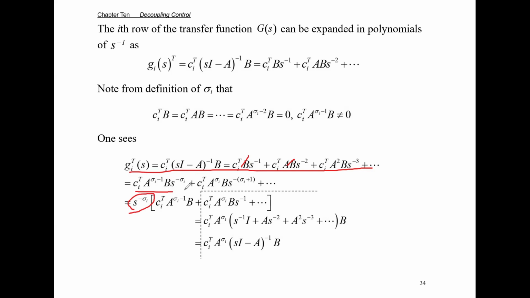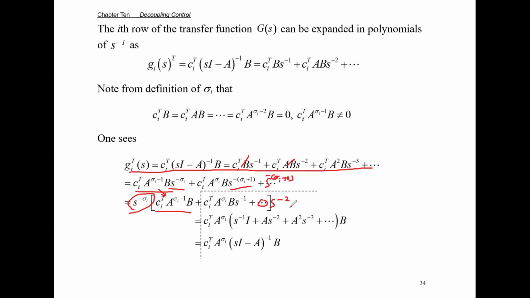Because I take out S to the minus sigma I, this term becomes S to the minus 1, and then this term becomes S to the minus 2.